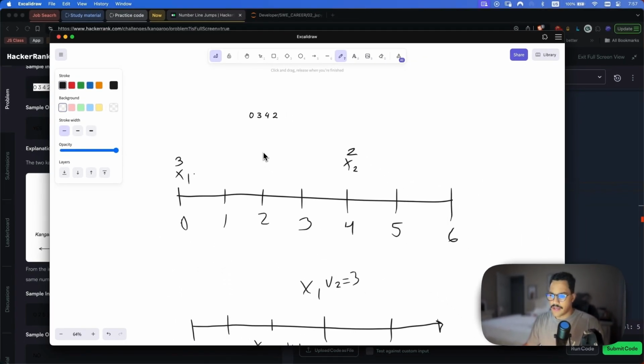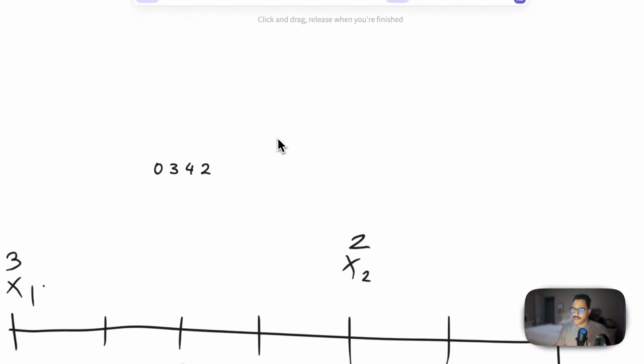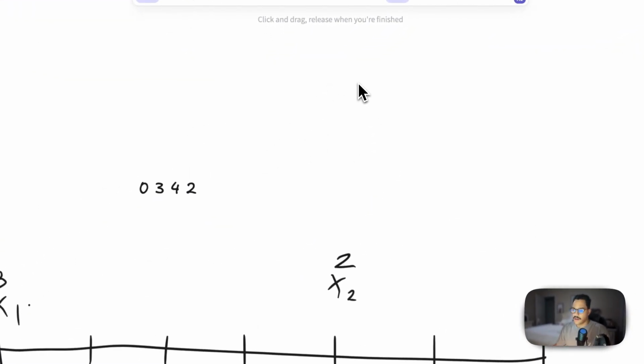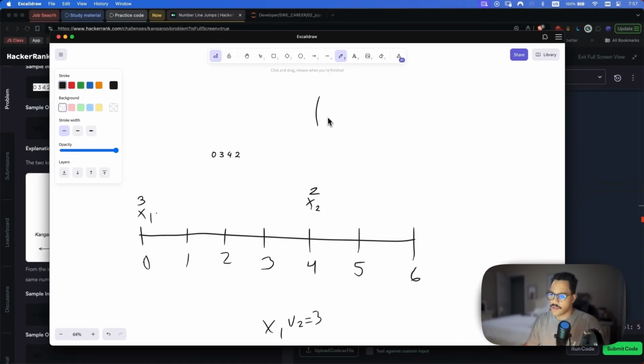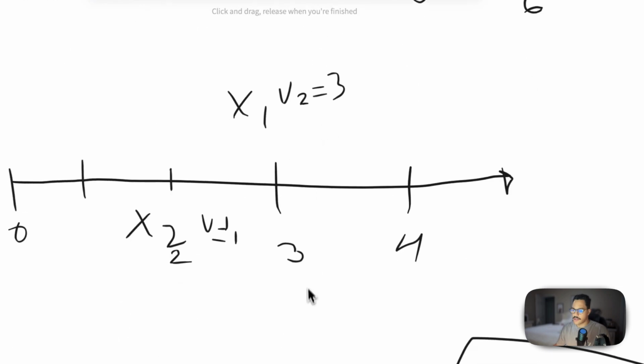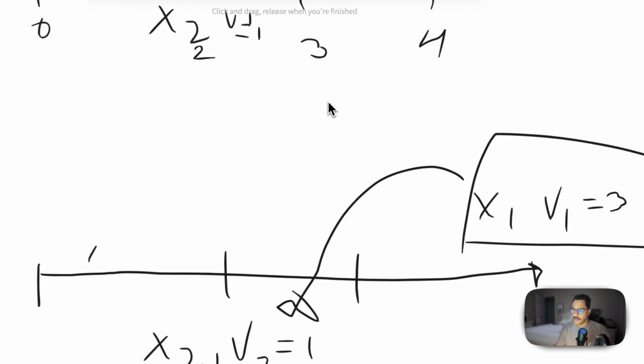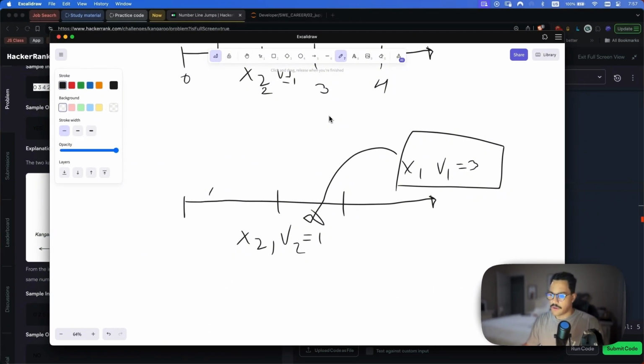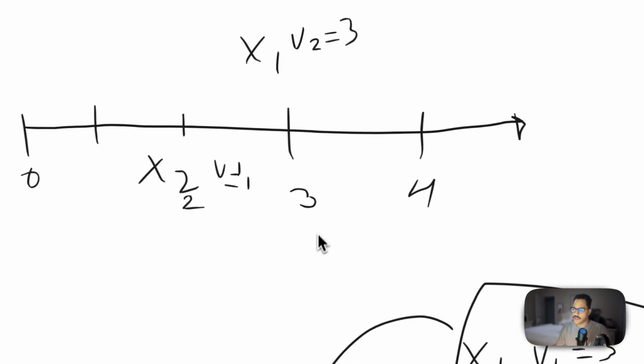So if I say that the distance of the second kangaroo is always going to be ahead, right? We already know what happens when it's equal, right? If the velocity is equal, the positions have to be equal for them to meet.